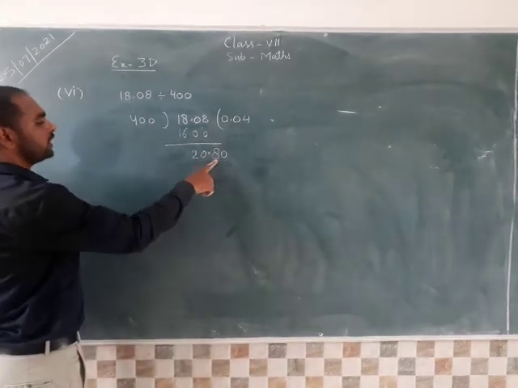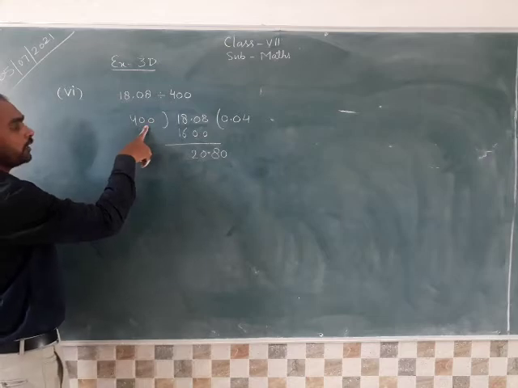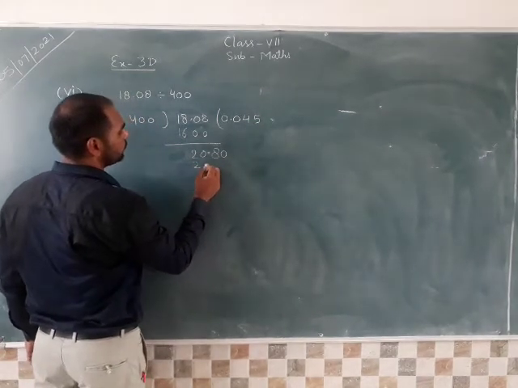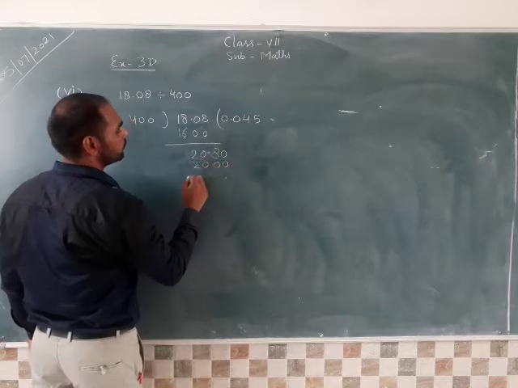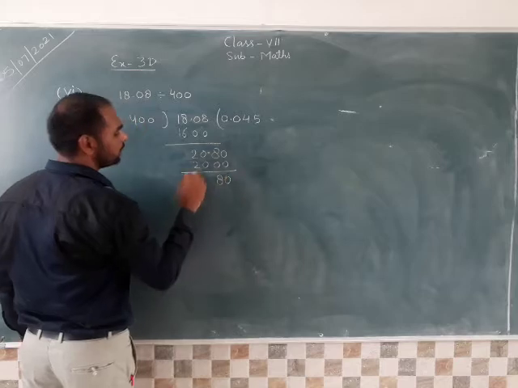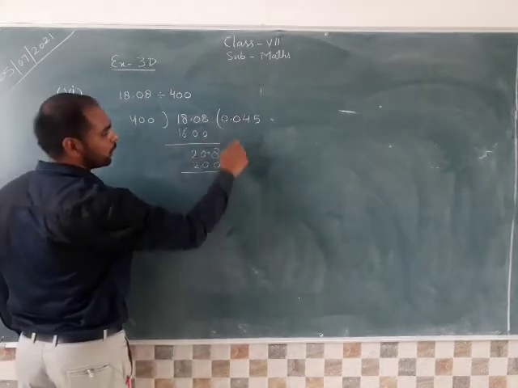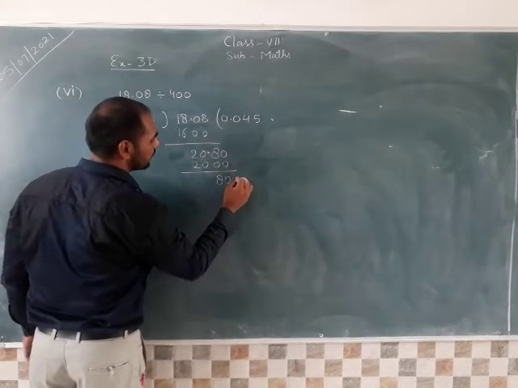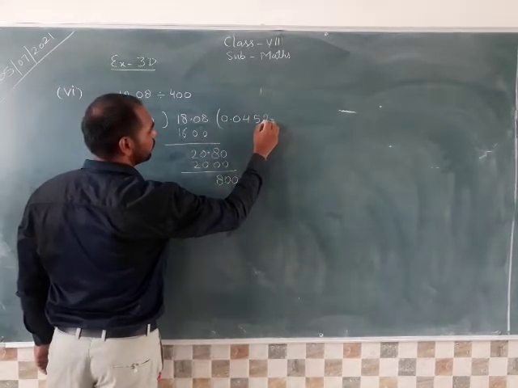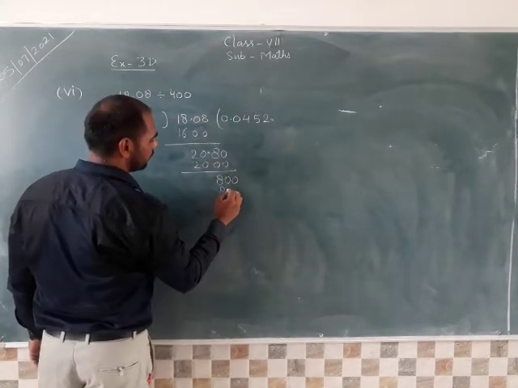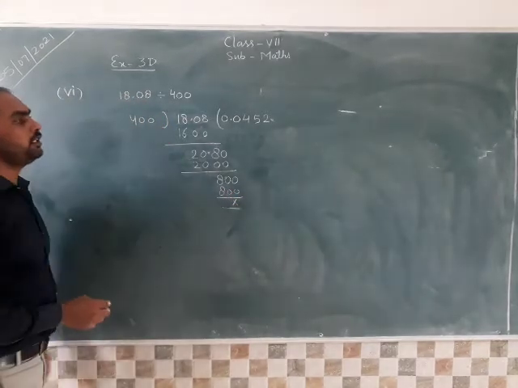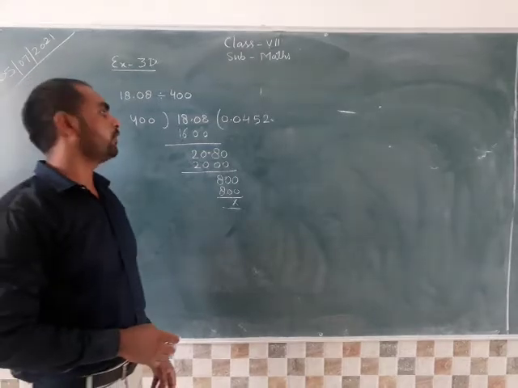Now 2080 is divisible by 400, 400 fives are 2000. When we subtract, we get 80 as remainder. Now again point gives us 0 as carry, it becomes 800 and 400 twos are 800. So our answer is 0.0452.